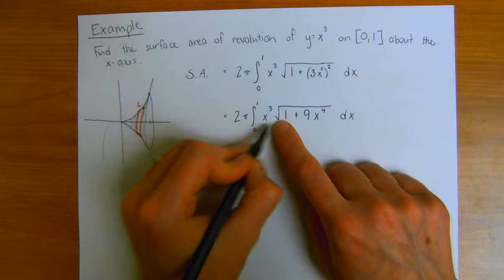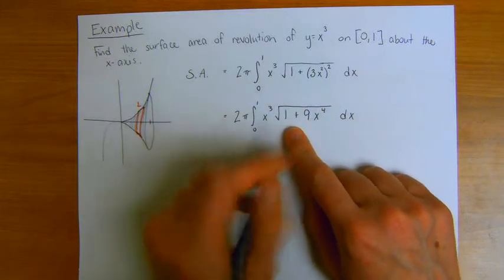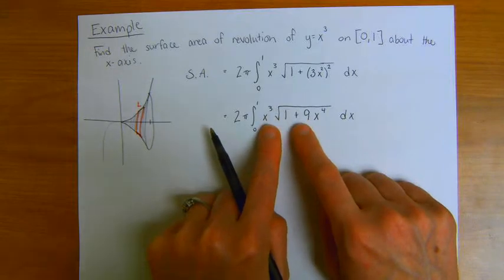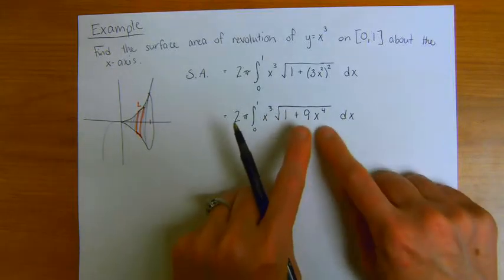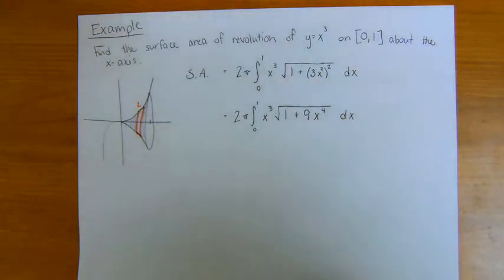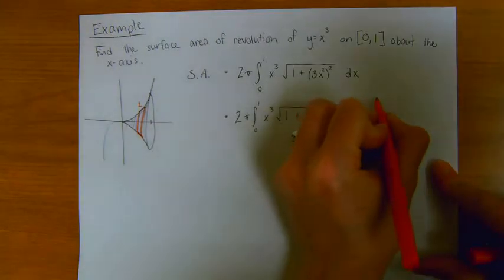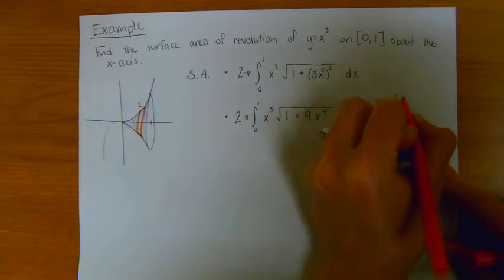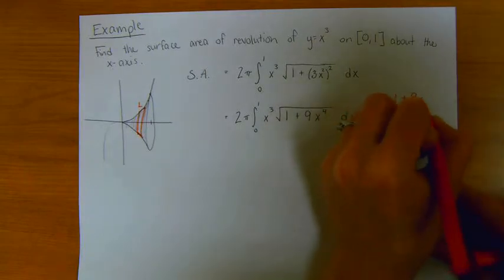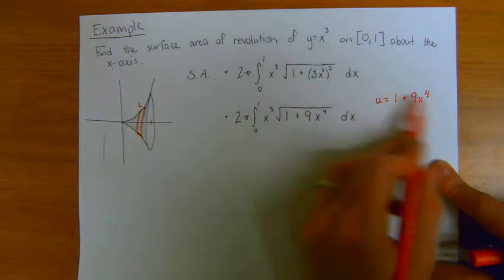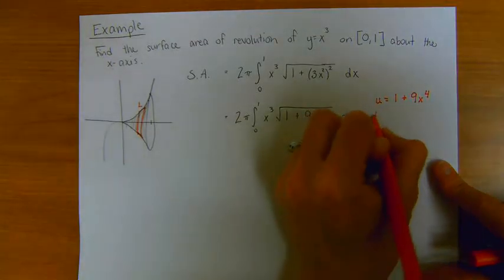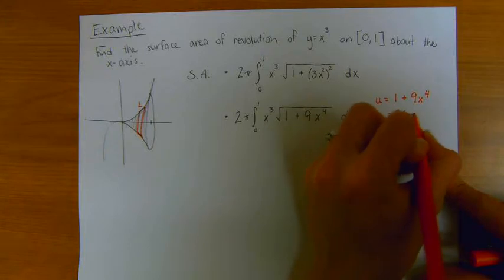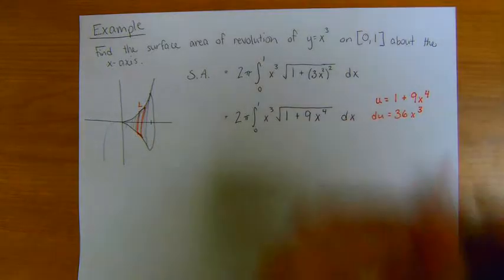In this particular case, I look at this and I see that I have a product. I have an x cubed multiplied by a radical. So one thought of how to integrate this might be to use integration by parts, but we're a little bit luckier than that. In this case, I can actually just do a u substitution. If I let u be equal to the interior of the radical, 1 plus 9x to the fourth, I see that du, the derivative of this, is equal to 36x cubed.